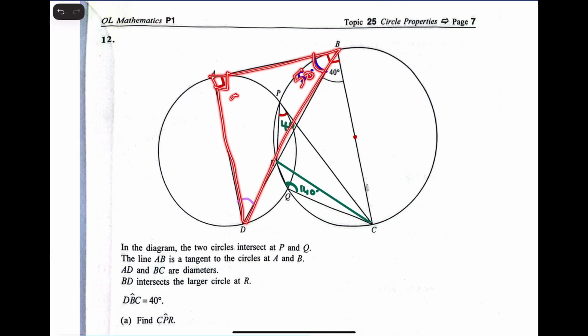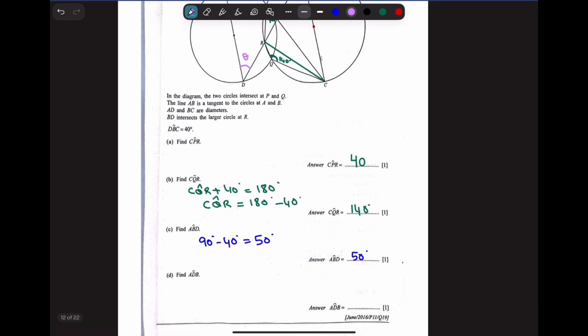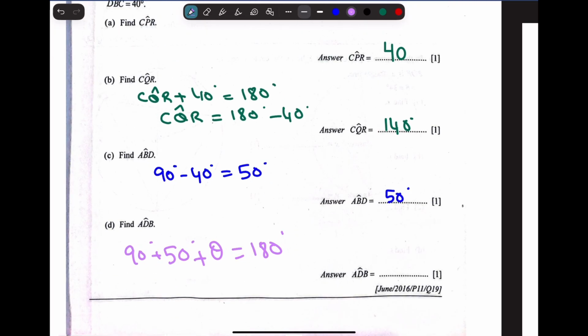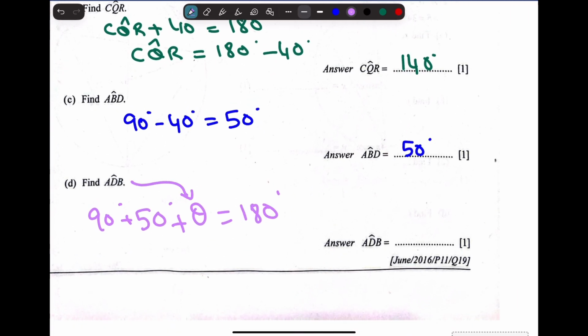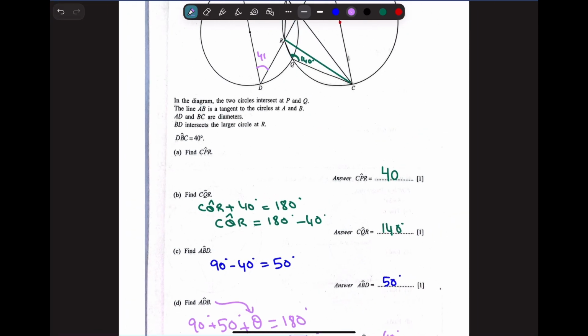So 90 plus 50 plus this angle, let's call it theta for now, should add up to 180, where theta is basically angle ADB. So angle ADB is 180 minus 140. So angle ADB is going to be 40 degrees.